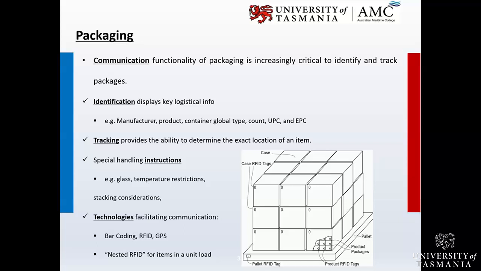Also some special handling instructions are provided by the packaging instructions. The application of technologies can improve communication, such as barcoding, RFID, or GPS. All these technologies can improve the communication.